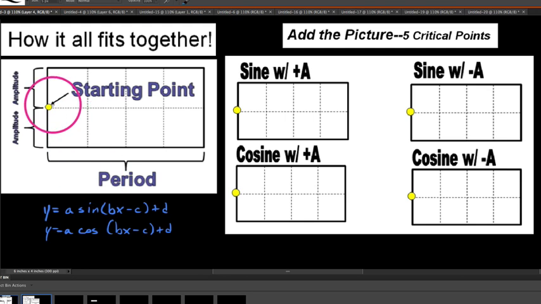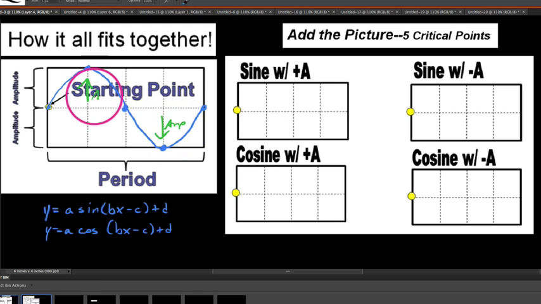Recall that with your sine curve, it starts at 0, and then it goes to its maximum, then back to 0, then to its minimum, and then to 0. You can see how this already fits into this frame right here. With respect to our sine curve, we said it had parts to it, including the amplitude of the graph.